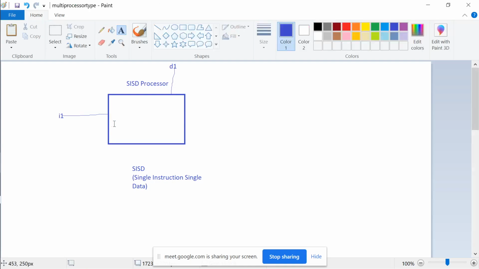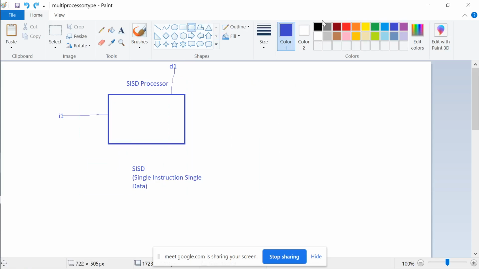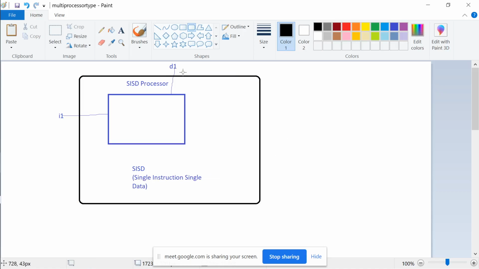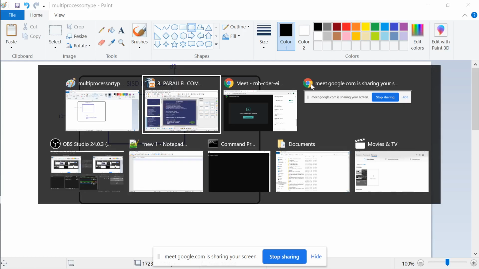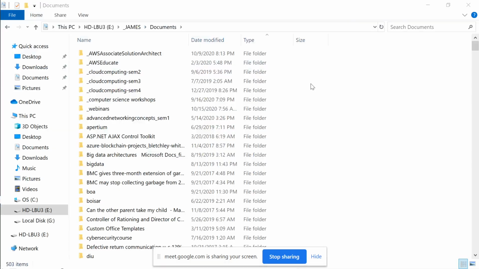So one instruction can be fed inside your system and one data element can be brought in at one given time. Maybe I should just look at the diagram. There's another diagram. Hold on.